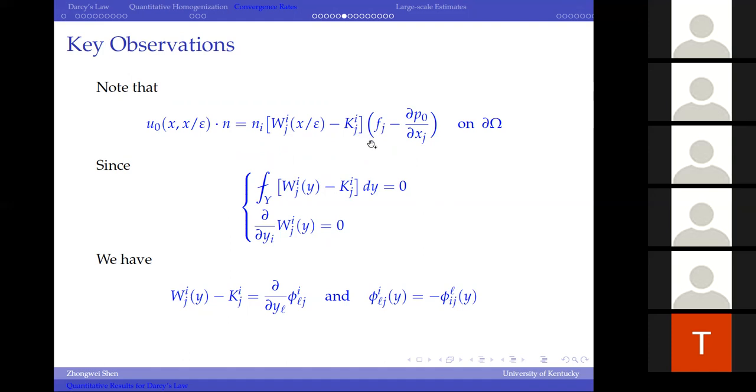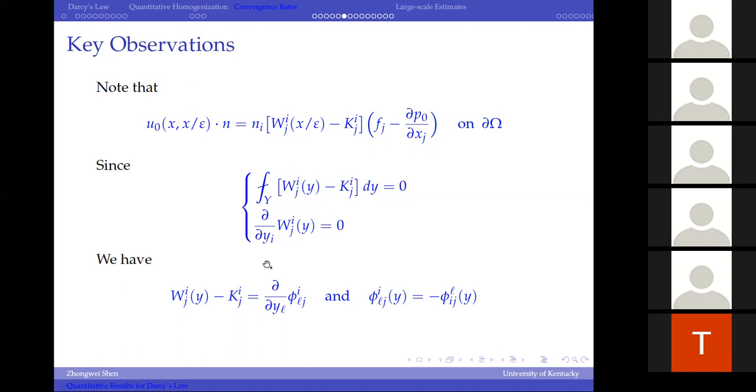The Darcy law on the boundary just tells you that K times F minus the gradient P0 is 0. So we're using the boundary condition for the Darcy law. Once you subtract the average, of course, the mean value is 0.